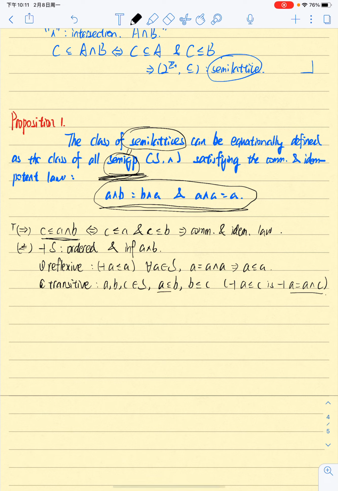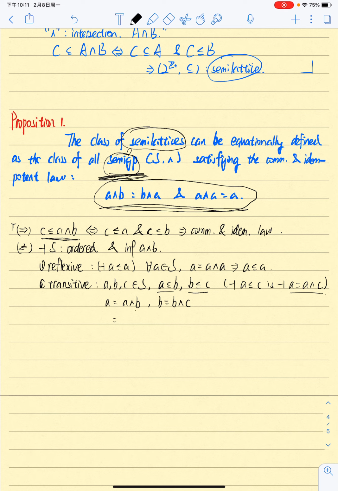Because A is smaller than B, we have A is equal to AB. And because B is smaller than C, B is equal to BC.